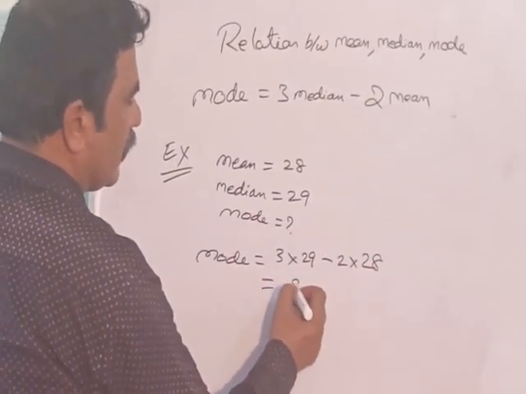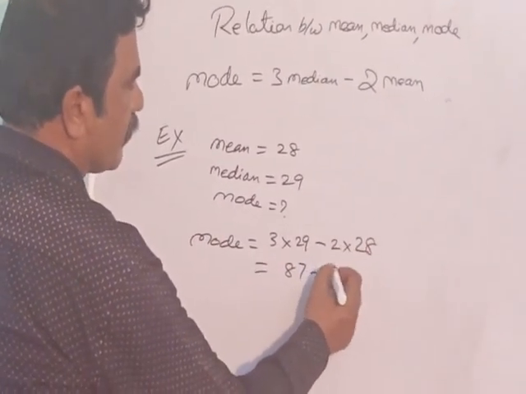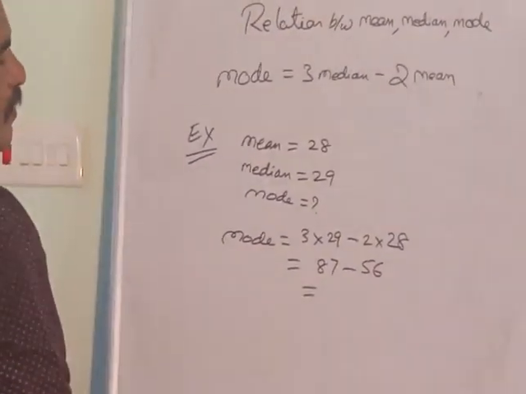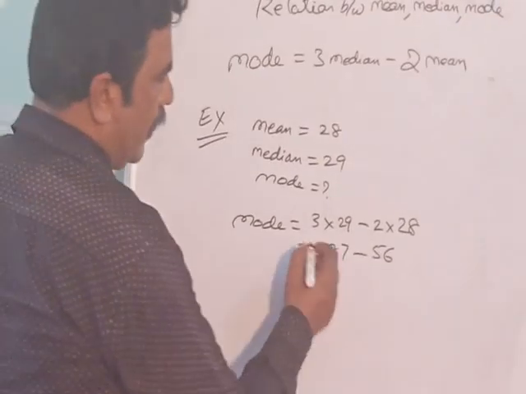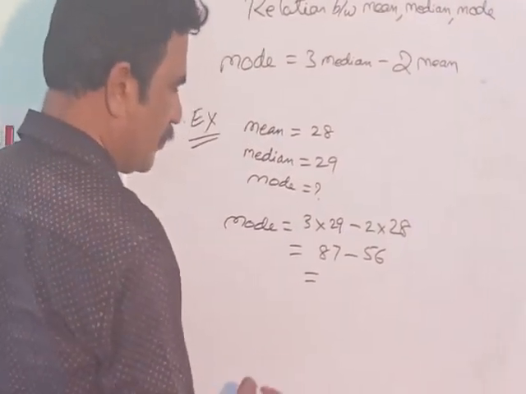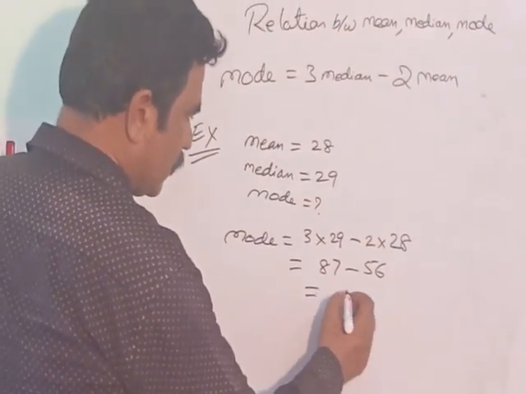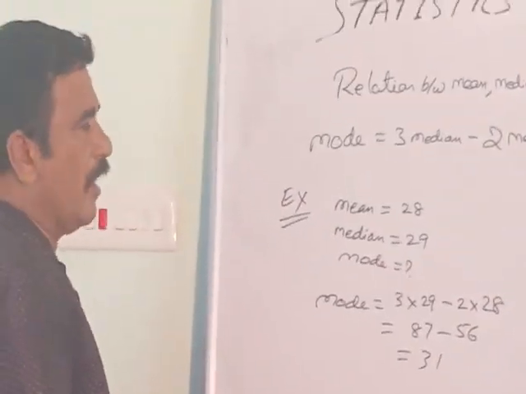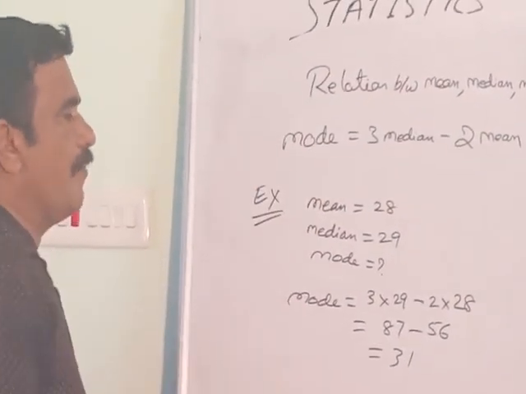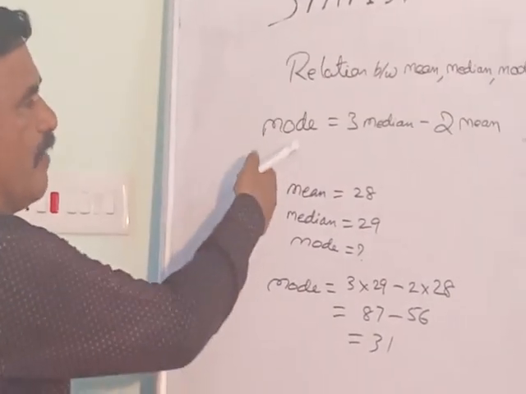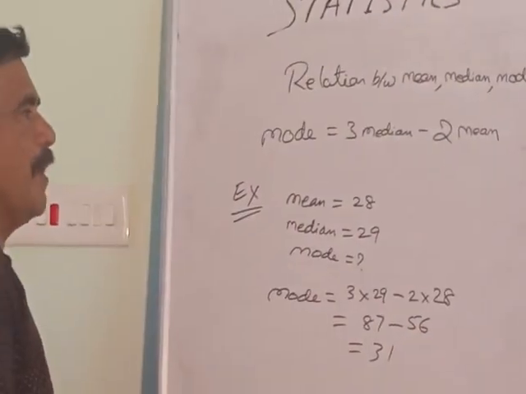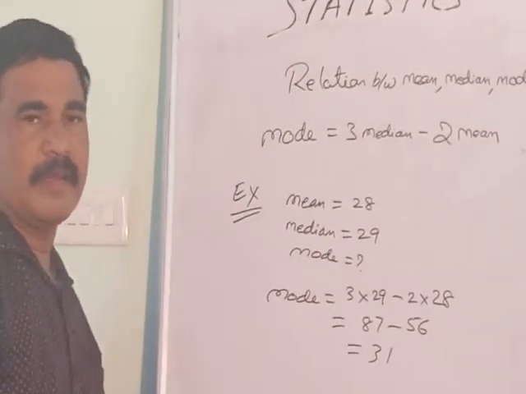Simplify: this is 87, this is 56. 87 minus 56 is how much? 31. Using this formula, we can find the missing one. This is a very important formula: mode is equal to 3 median minus 2 mean.